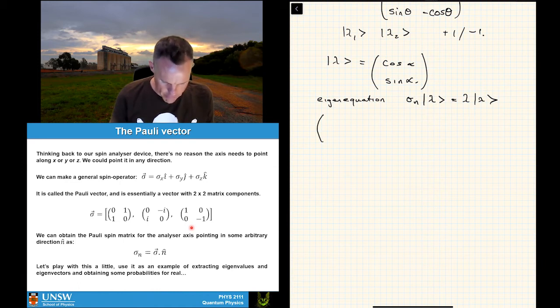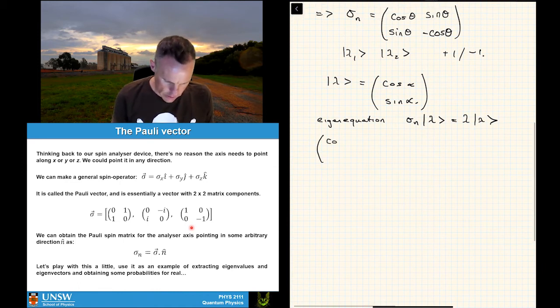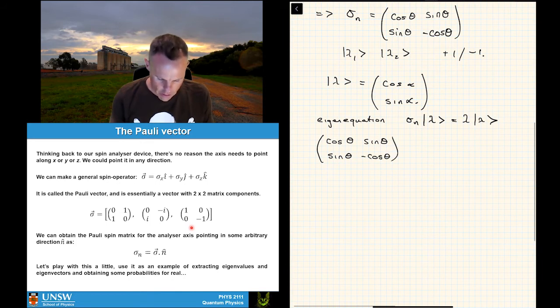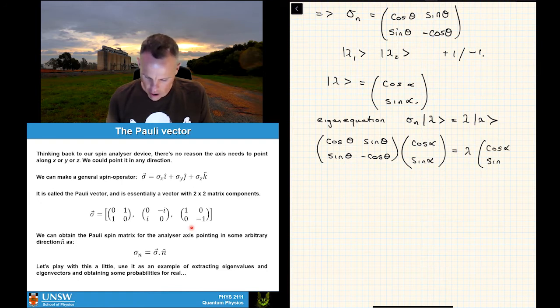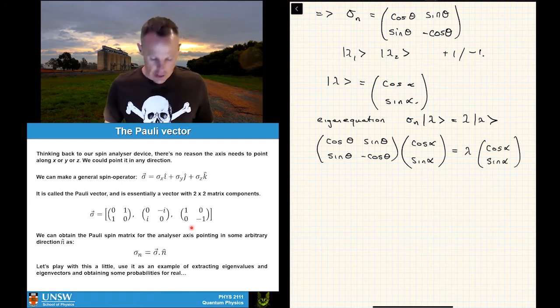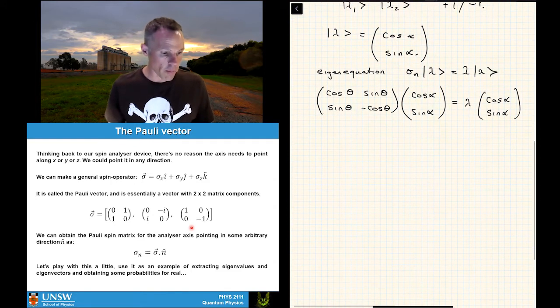We've got cos theta, sine theta, sine theta, minus cos theta, times cos alpha, sine alpha, equals lambda times cos alpha, sine alpha, like so. Okay, so this is just our eigenvalue equation written in proper form.